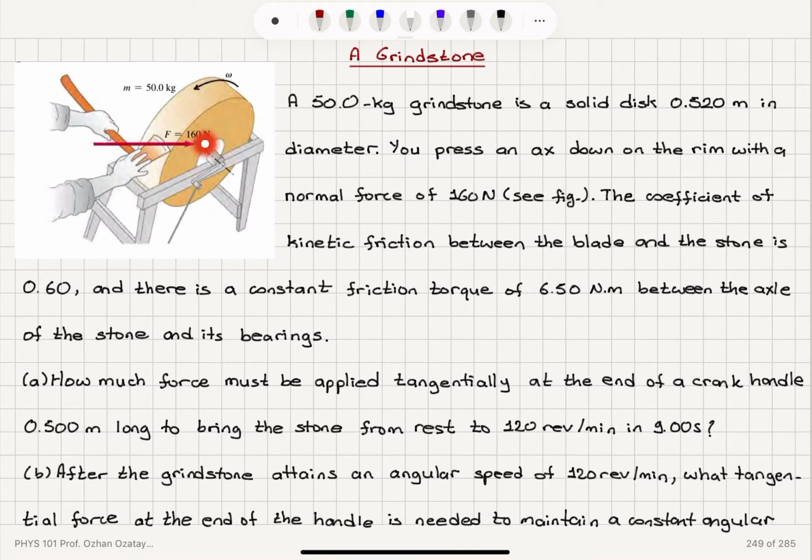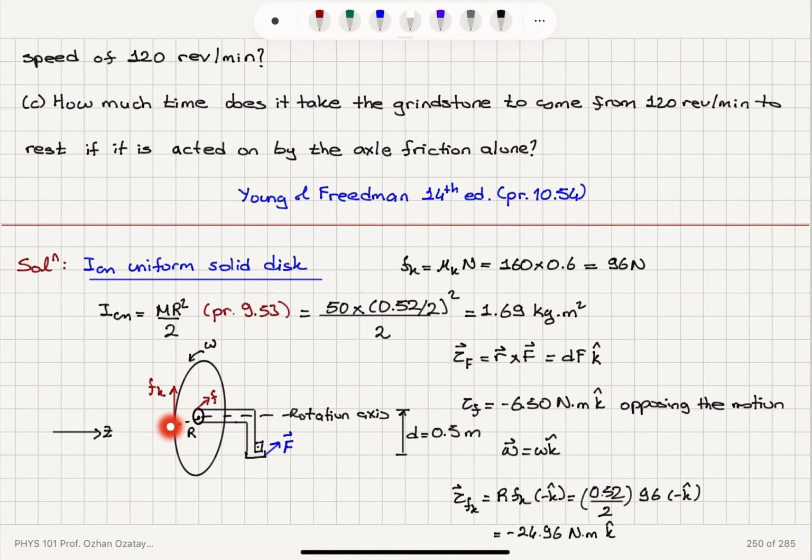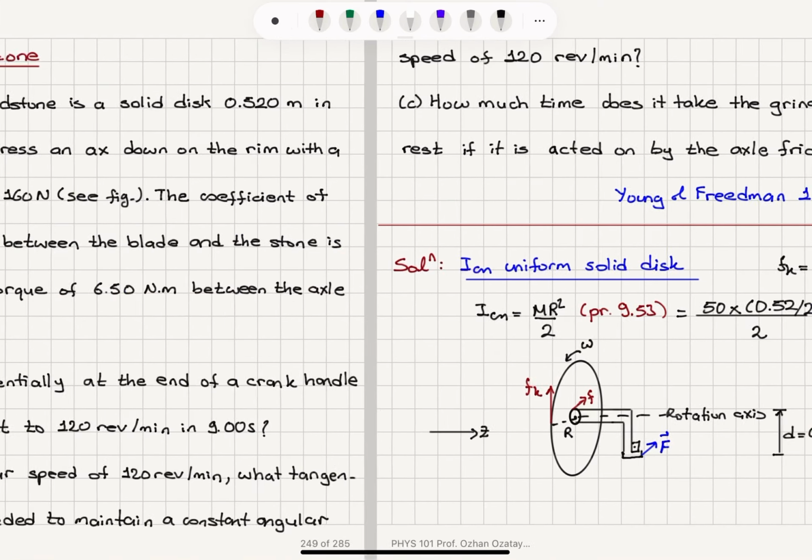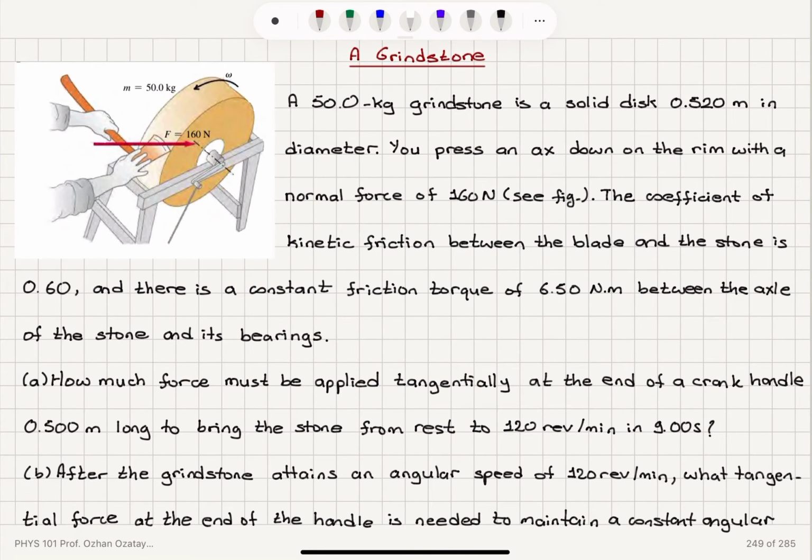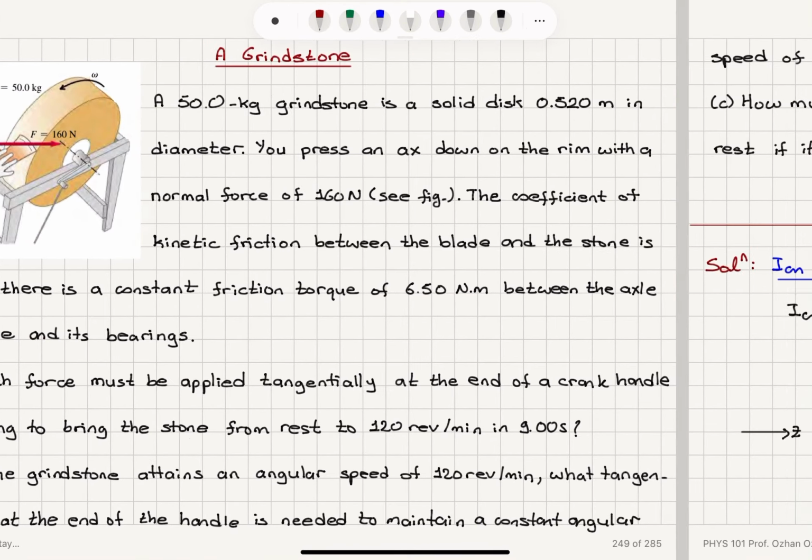So 0.6 times 160 will be counteracting this rotation. So we will have this kinetic friction that is opposing this rotation here. And there's a constant friction torque, 6.5 newton meters, between the axle of the stone and its bearings.